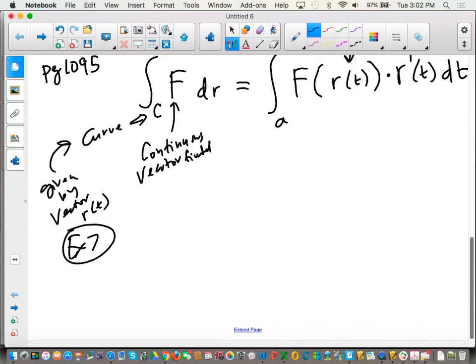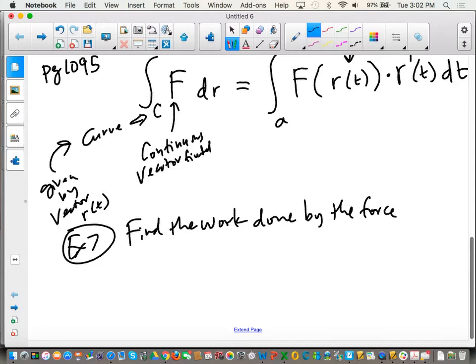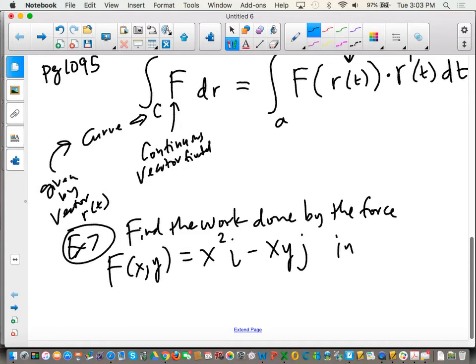It says, find the work done by the force capital F of x, y equals x squared i minus xy j. And so there's your force field vector for that.